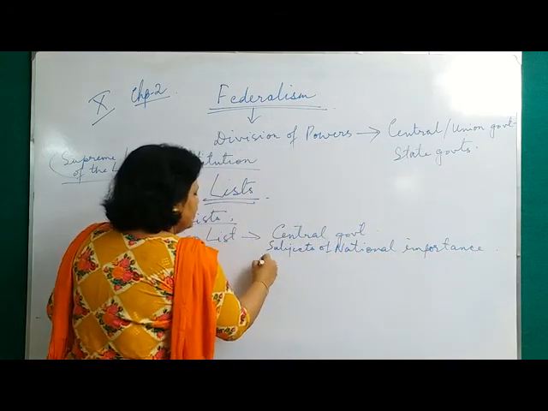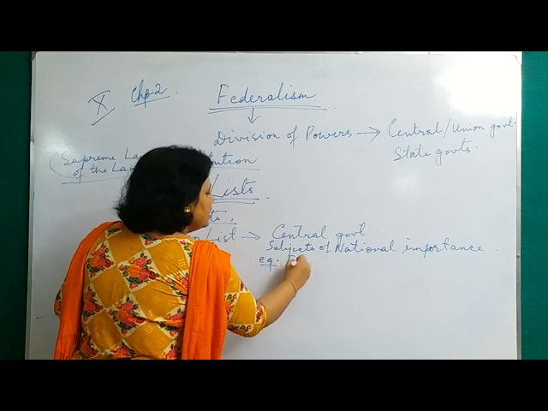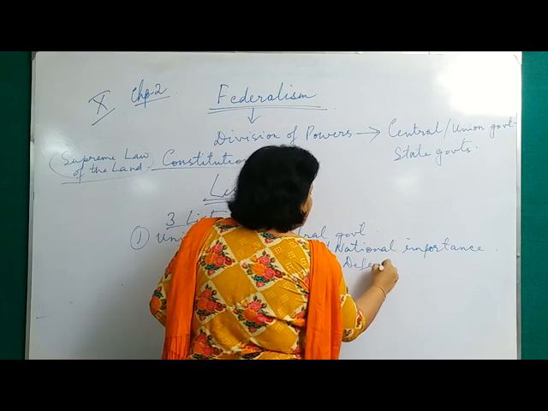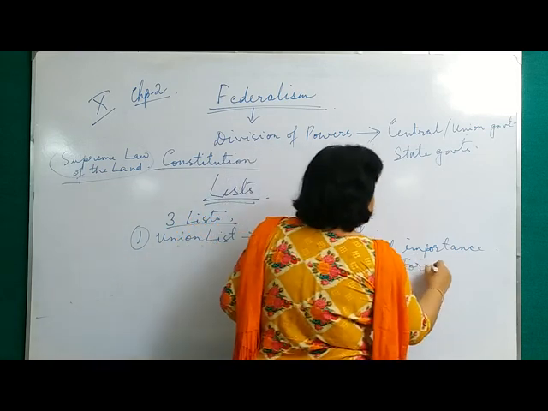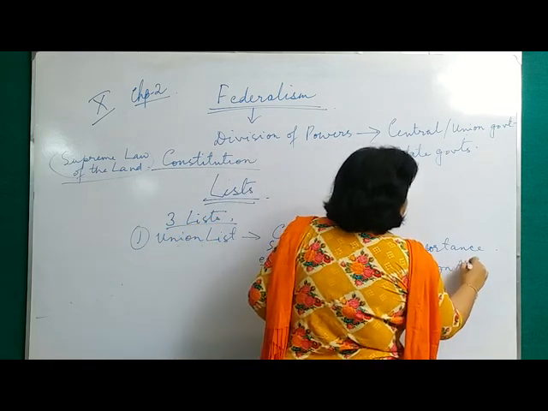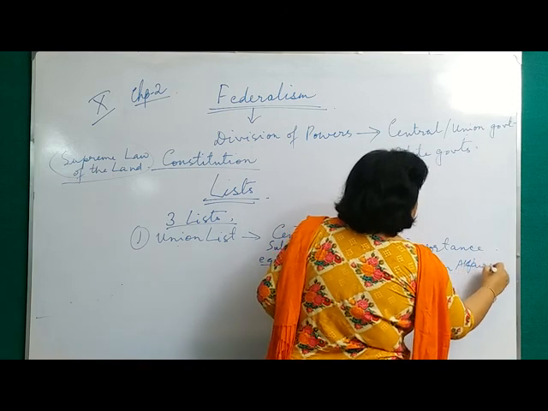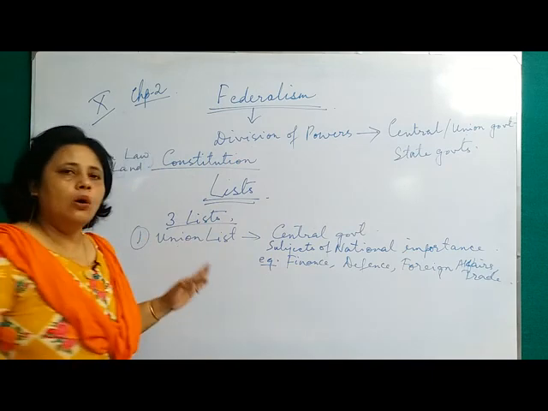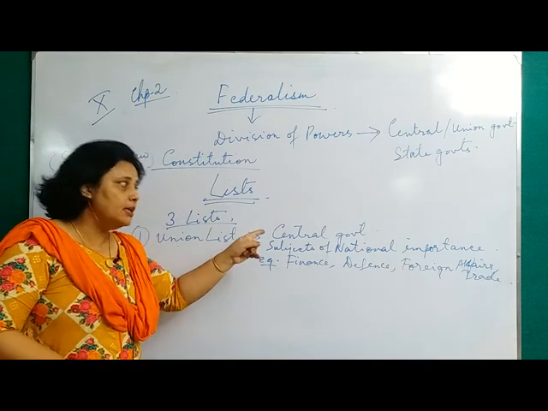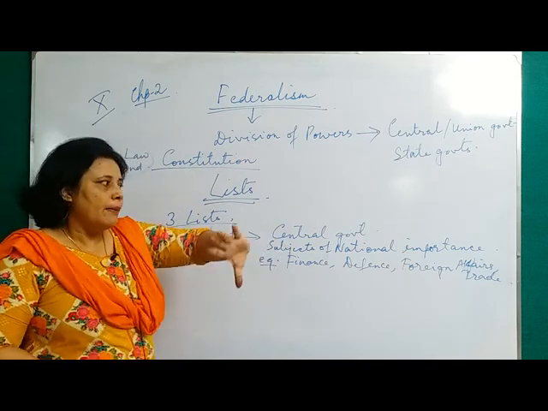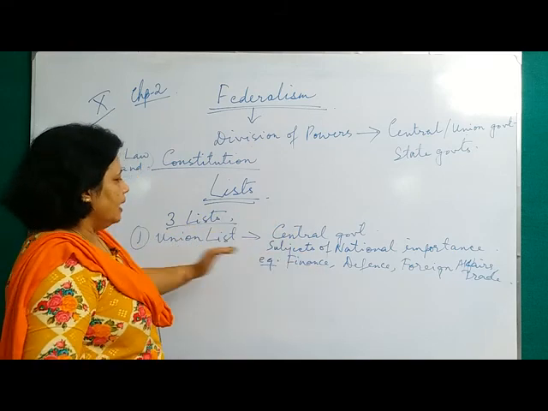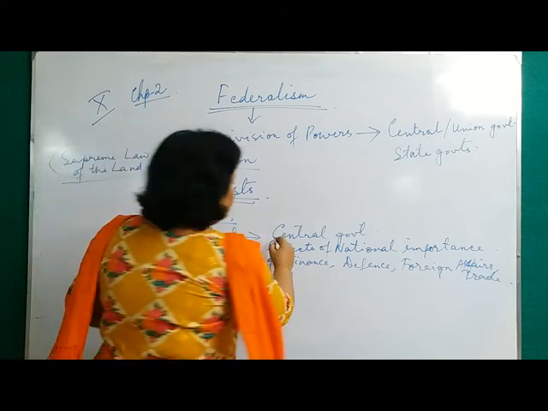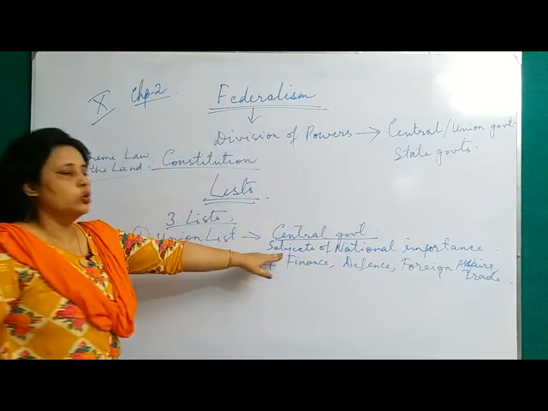For example, you have finance, defense, foreign affairs, trade, foreign relations, things like that. The subjects which matter to the whole country are included in the union list, and the central government exercises power over those subjects.